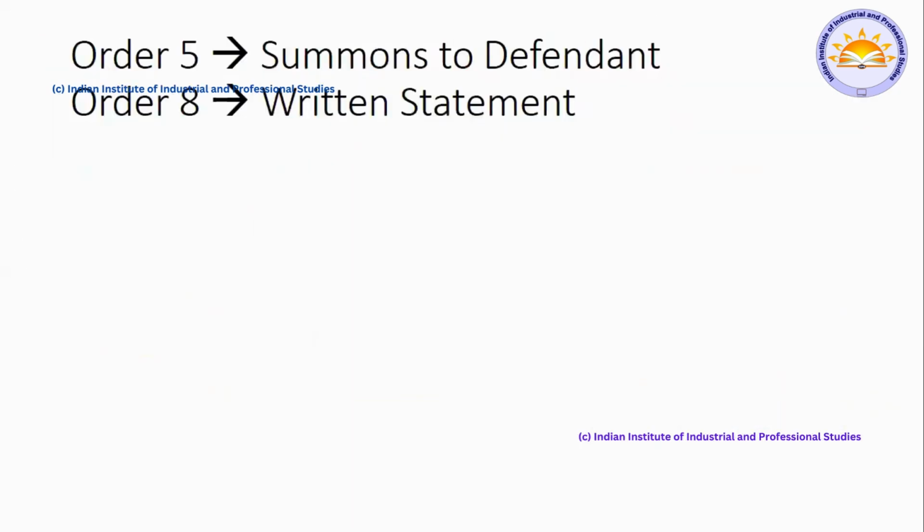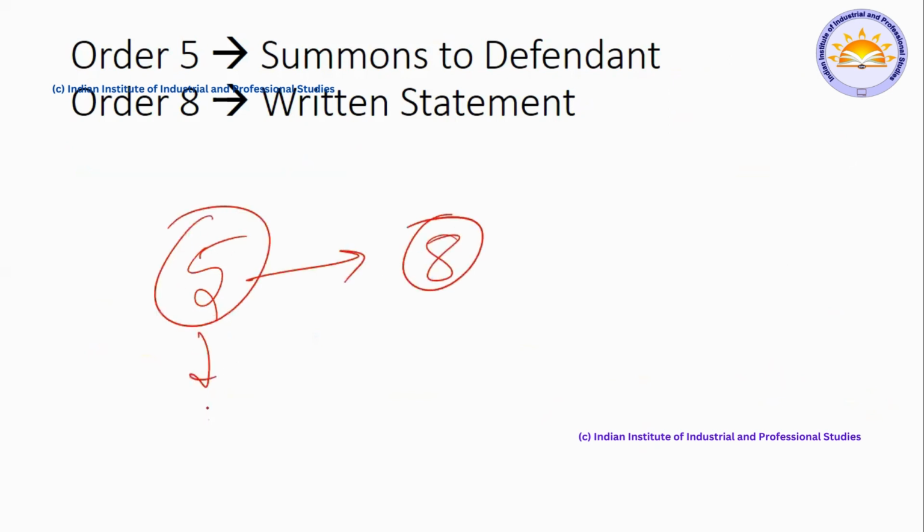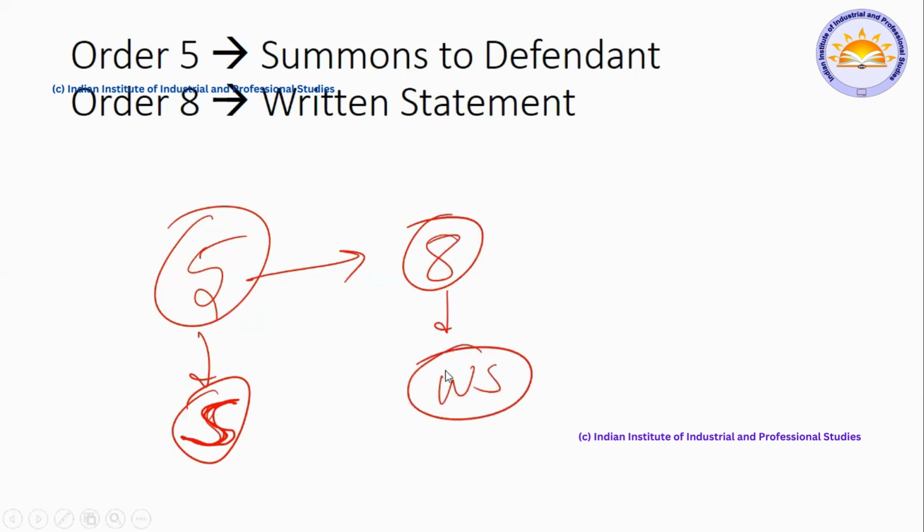Okay, now next, order 5 speaks about summoning the defendant, and order 8 speaks about written statement. So 5 and 8. Summoning by 5 just looks like S for summoning, and it is written statement by the defendant.